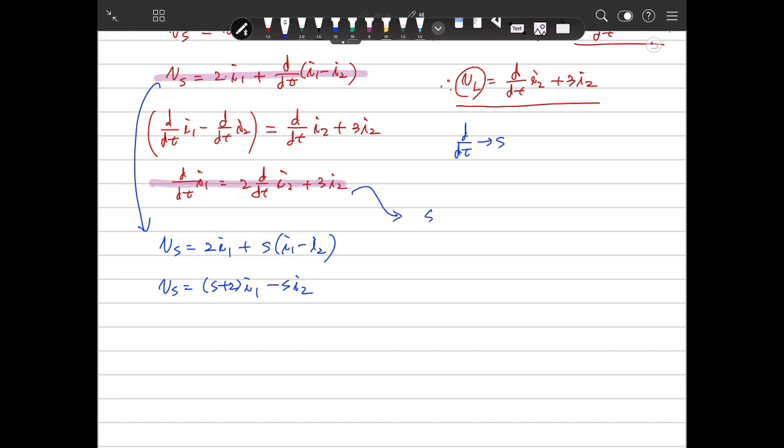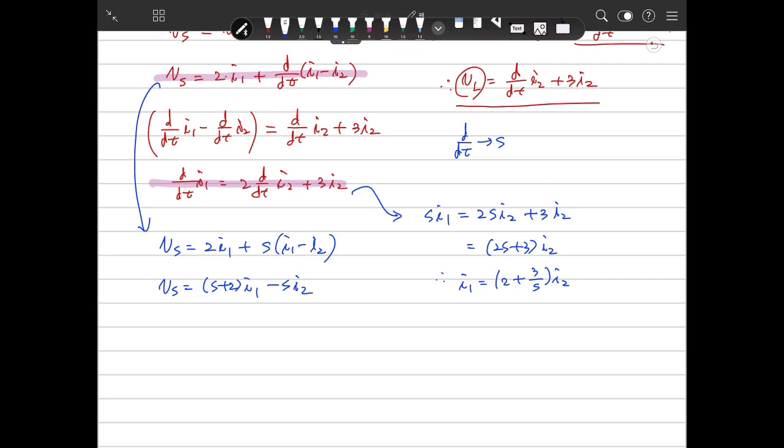And also we have the same thing, S I1 equals 2S I2 plus 3I2. So there will be (2S plus 3)I2. Therefore, I1 will be (2 plus 3/S) I2 here.